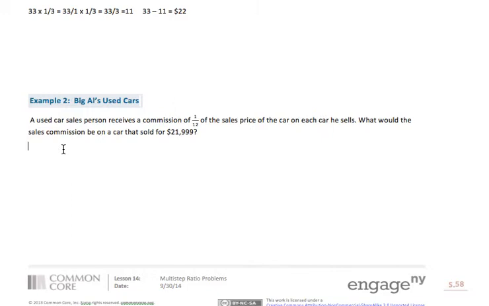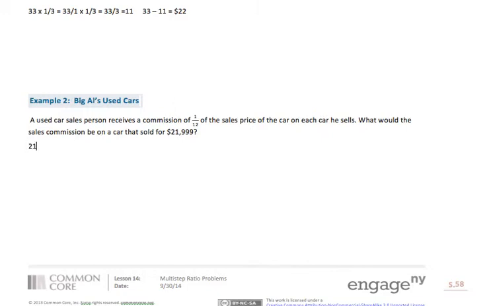This particular used car salesperson receives a commission of 1/12 of the sales price of the car on each car that he sells. So we need to determine the sales commission for a car that sold for $21,999.